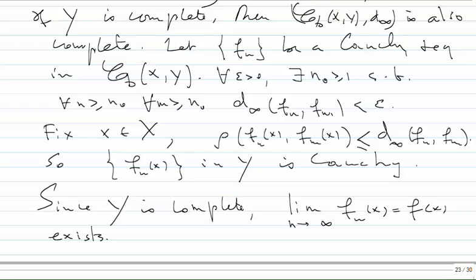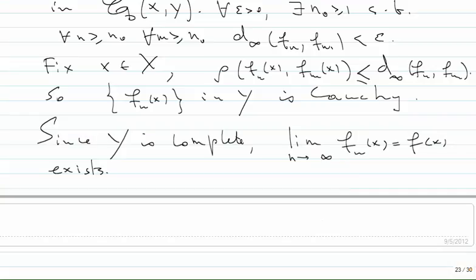So we need to prove now that f of x is continuous. Let's go back to the property.